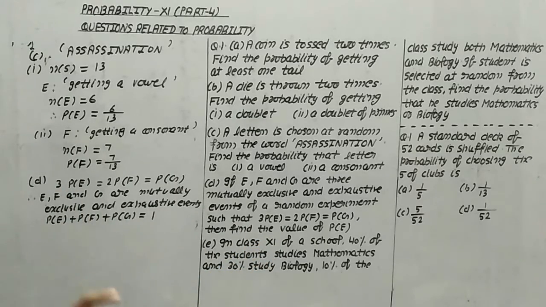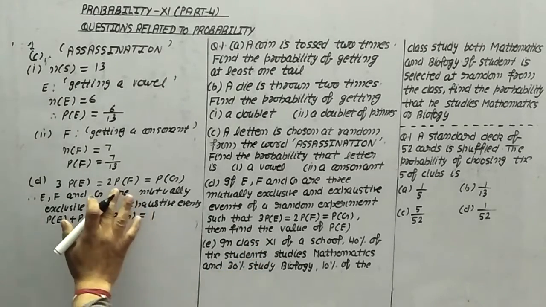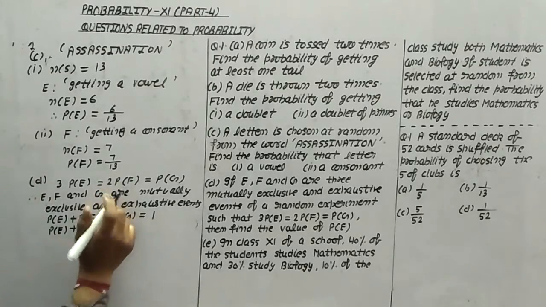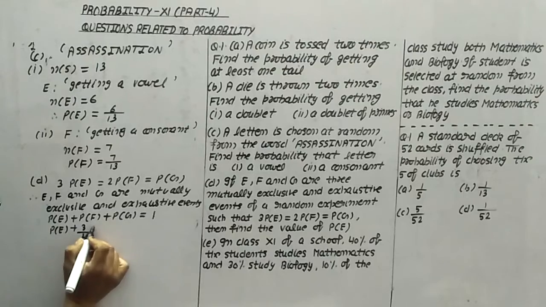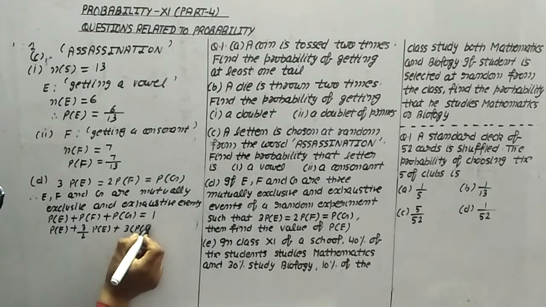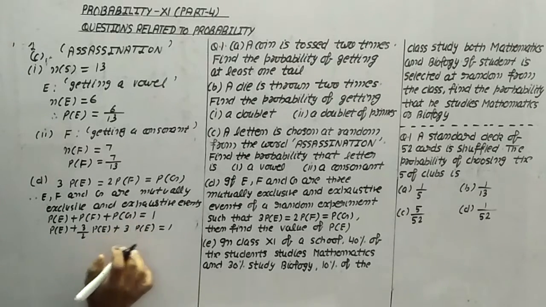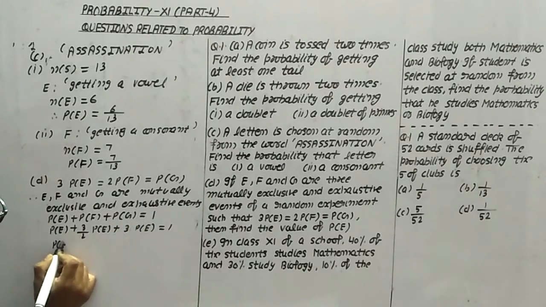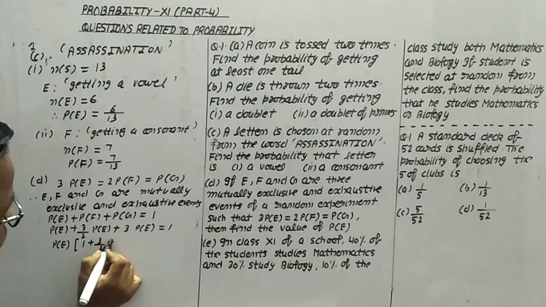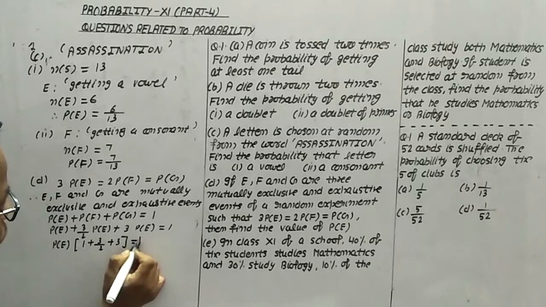Now we have to find out the probability of E, according to this question. Therefore we can easily see that the probability of E as it is, the probability of F from here is 3 upon 2 times the probability of E, and then the probability of G is 3 times the probability of E, and this is equal to 1. Now the probability of E is common. What is left here? 1 plus 3 upon 2 plus 3, and this is equal to 1.